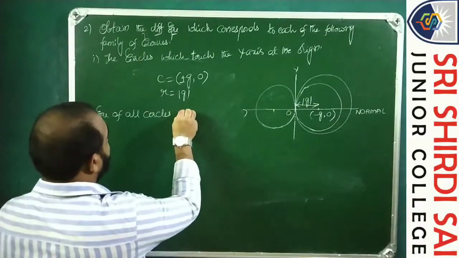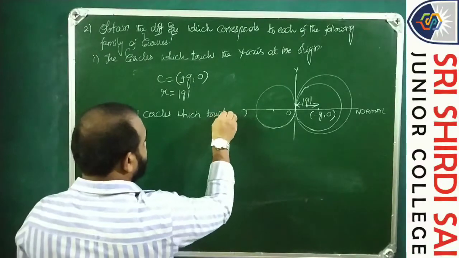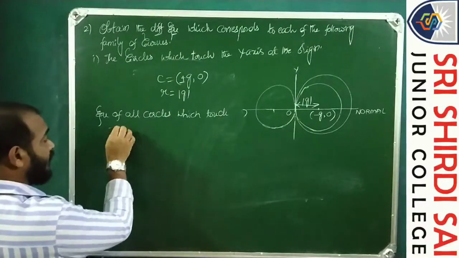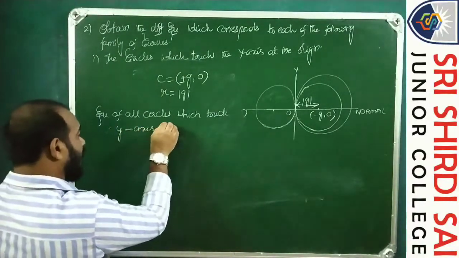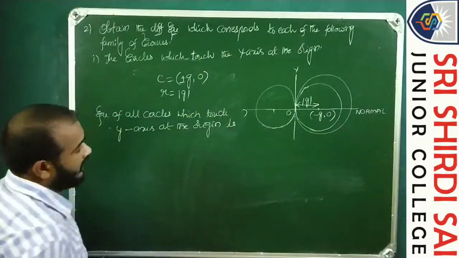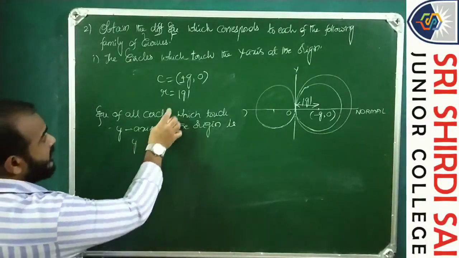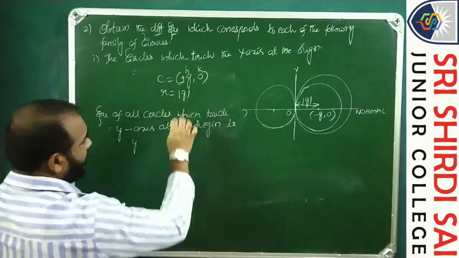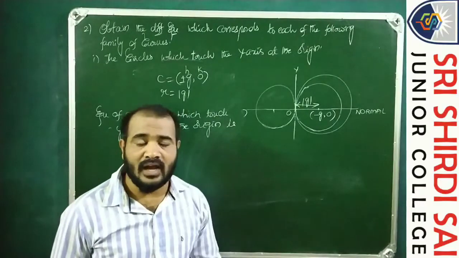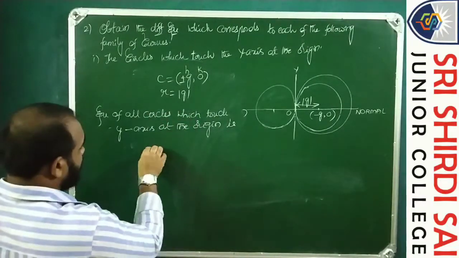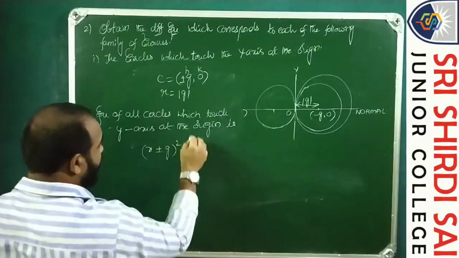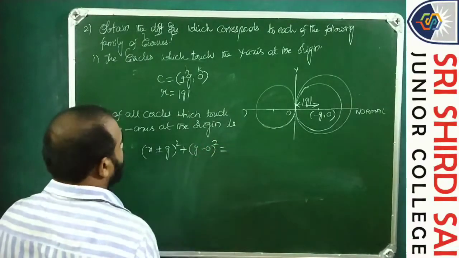which touch the y-axis at the origin is as follows. The equation of a circle in its central form, having center h comma k and radius r, is x minus (plus or minus g) whole square plus y minus 0 whole square equals r square.